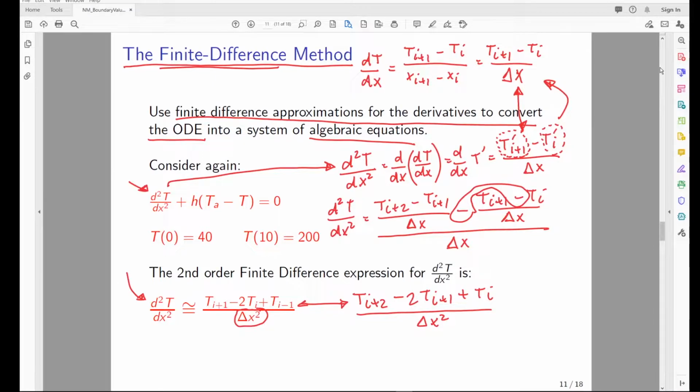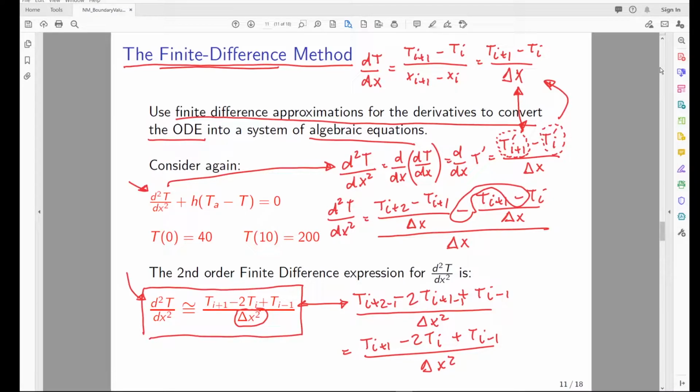So if I arbitrarily subtract 1 from each one of these subscripts, I'm then left with T_{i+1} minus 2T_i plus T_{i−1} divided by delta x squared, which means then that this formula right here is nothing more than the finite difference approximation of not just the first derivative, but of a second derivative, which is essential for second order finite difference expressions in ordinary differential equations.